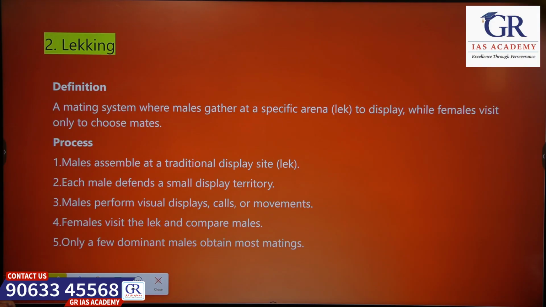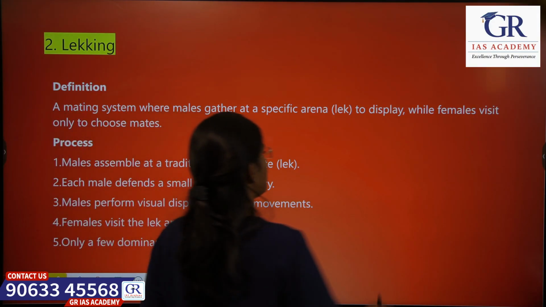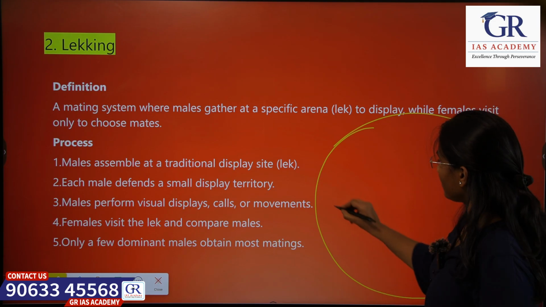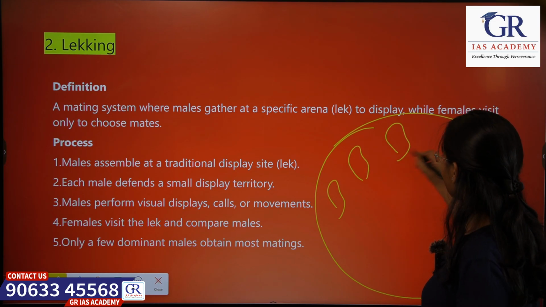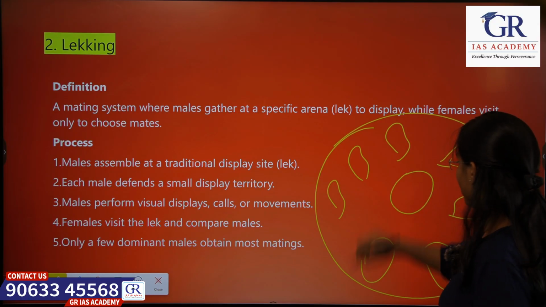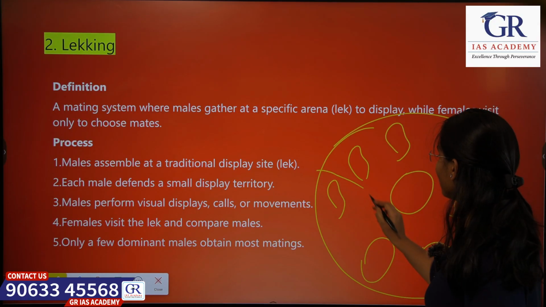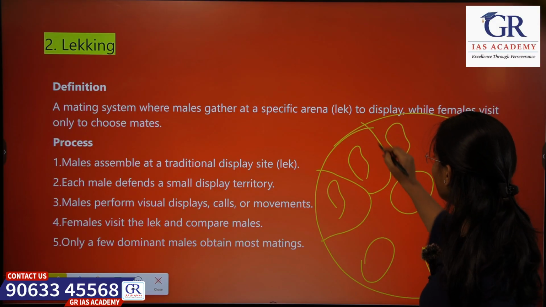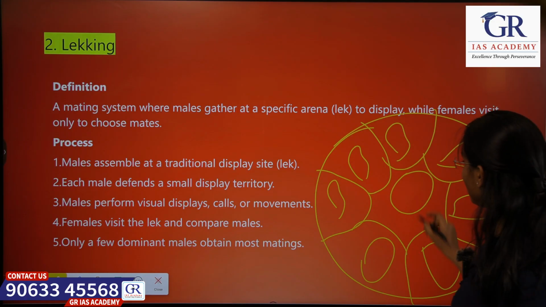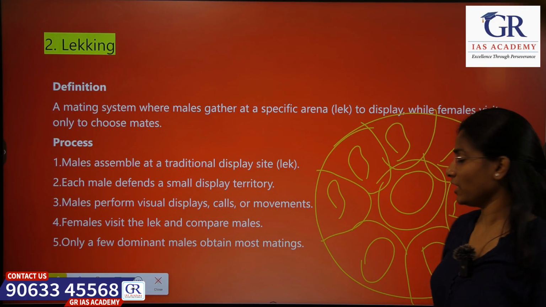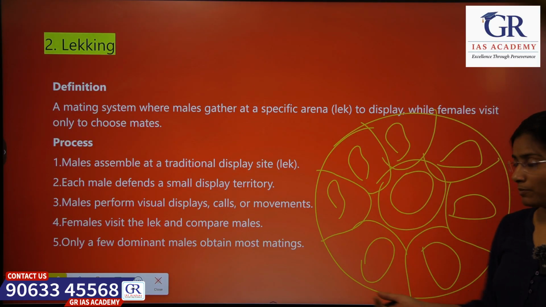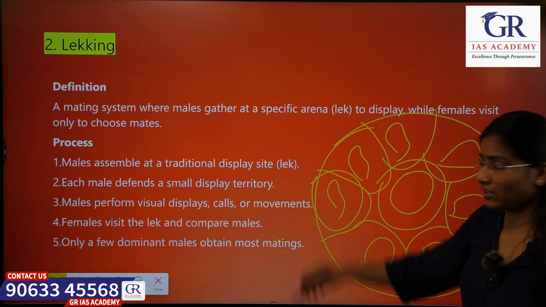And then lekking. So what is lekking? Consider a courtyard in which many male species are present and they occupy a little territory for themselves, and they will display their capabilities or their dances or any other courtship displays in their own territory.